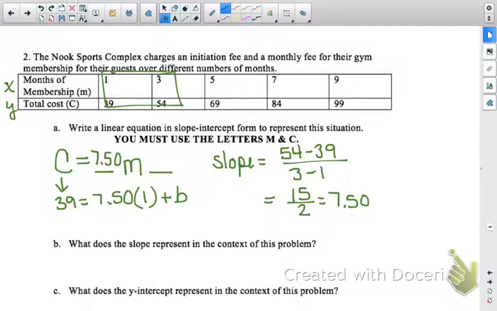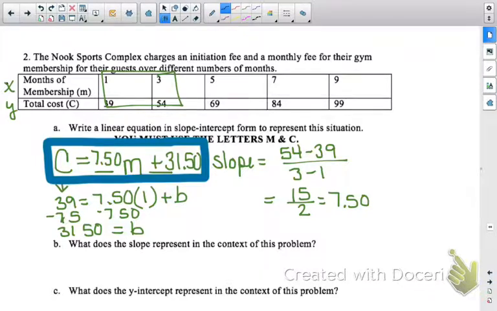So I'm going to end up subtracting 7.50 from each side, which would be 31.50 is equal to b. So my final answer is going to be c equals 7.50m plus 31.50.